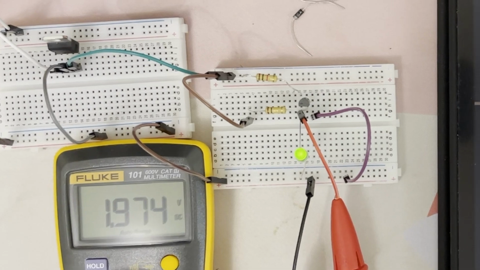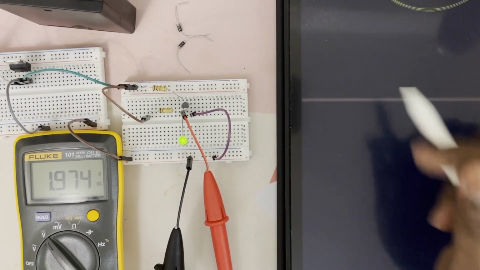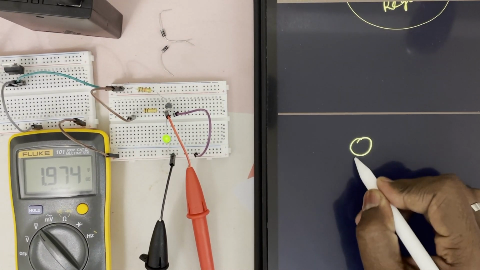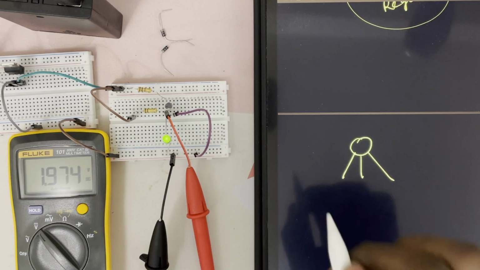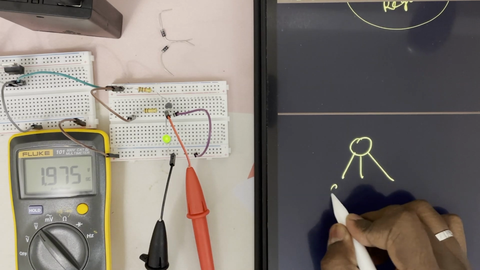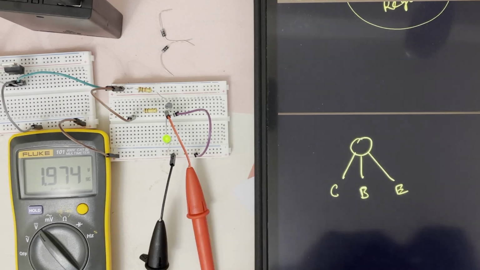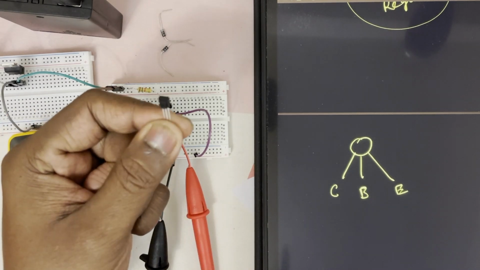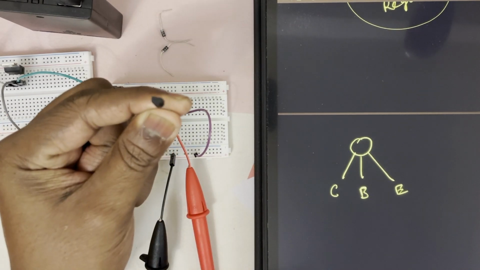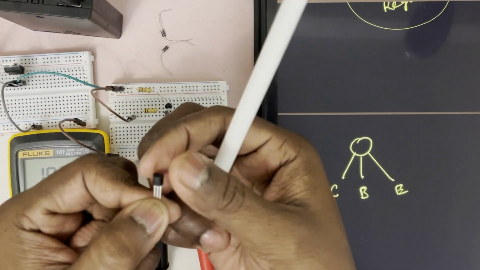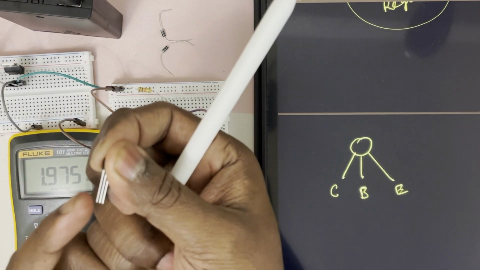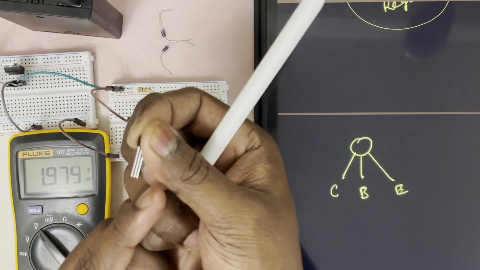As I already told you in the first, this is collector and this is base and this one is emitter, right? As you can see, this is the transistor. If the curved surface is on my side, then the first leg is the collector, then base, and then emitter, right?